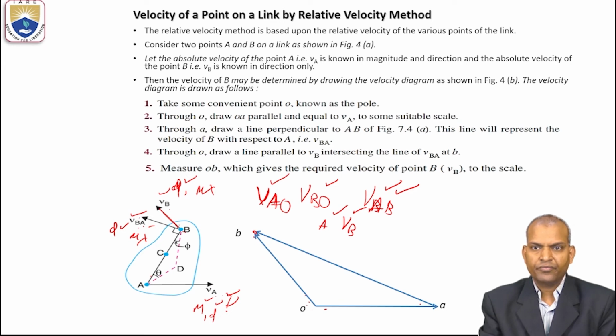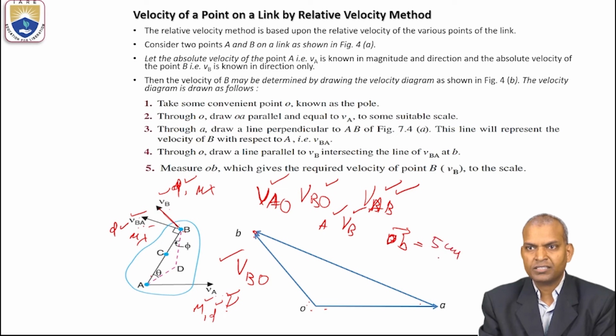Now you measure OB, that is the velocity of B with respect to O. That OB is obtained as some value, say 5 centimeters. Convert that into scale. What is VBO equal to?